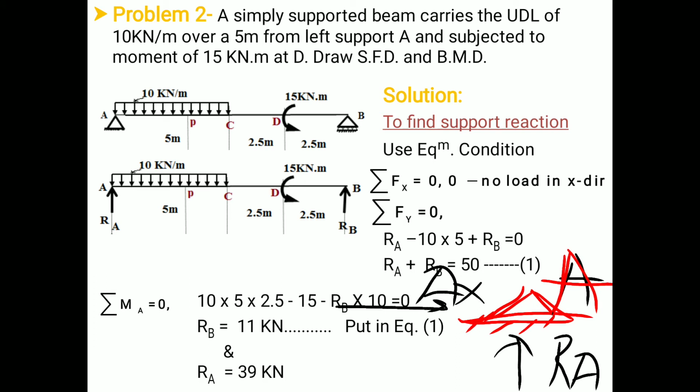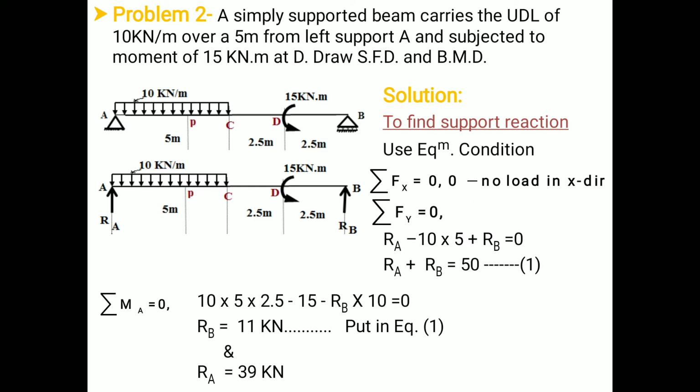For the hinge support we have two reactions, one acting in the upward direction, RA, and one acting in the horizontal direction, AX. So this reaction AX is equal to 0.